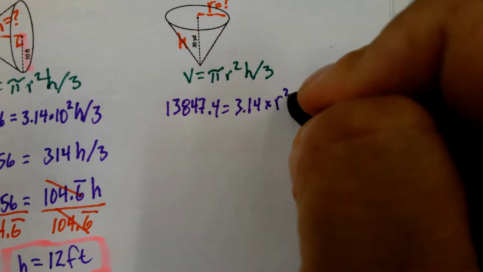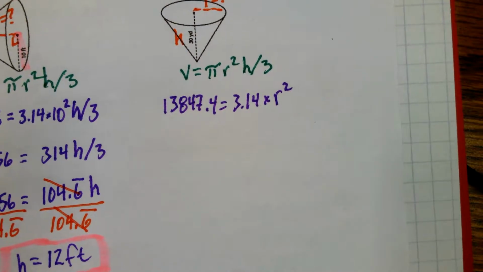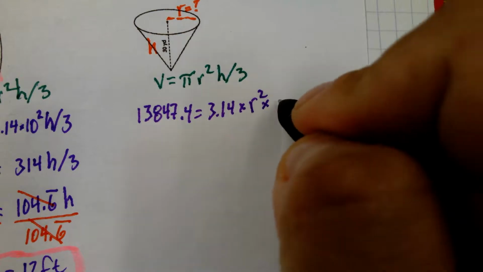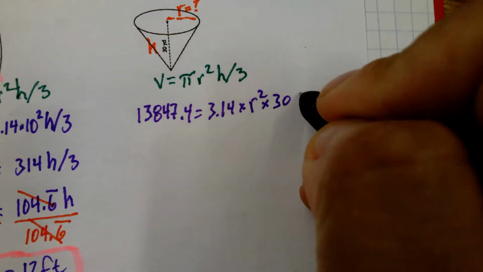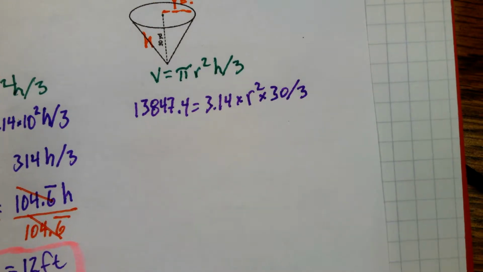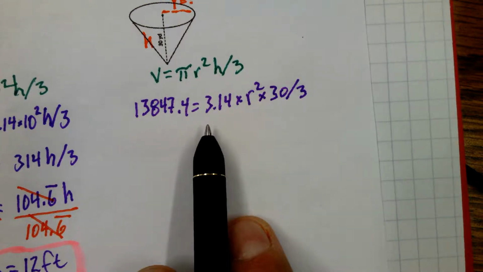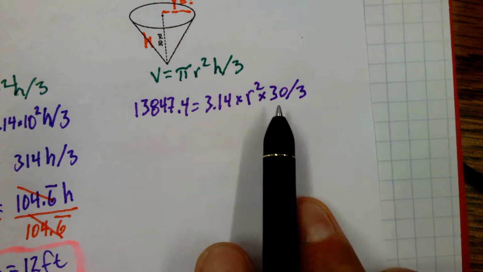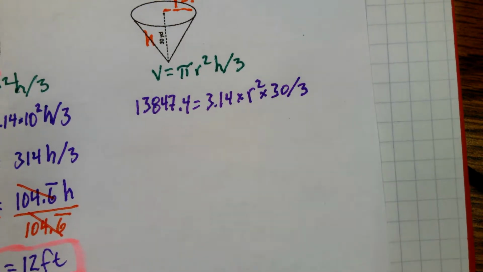We don't know it, so just write that as r squared multiplied by the height, which is 30, divided by 3. Okay, so on the right side, we have 3.14 times r squared times 30 divided by 3.